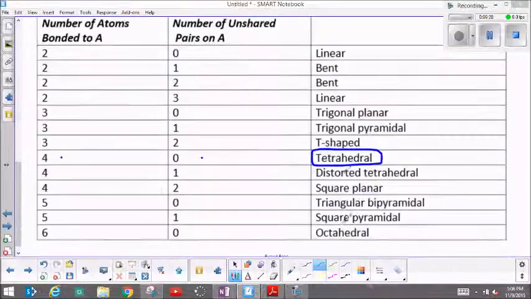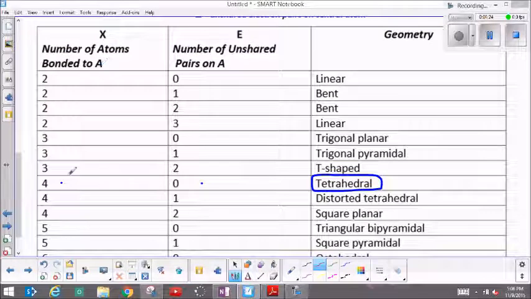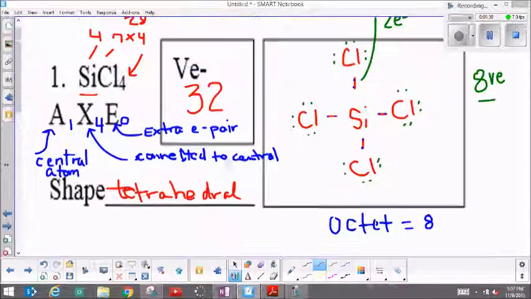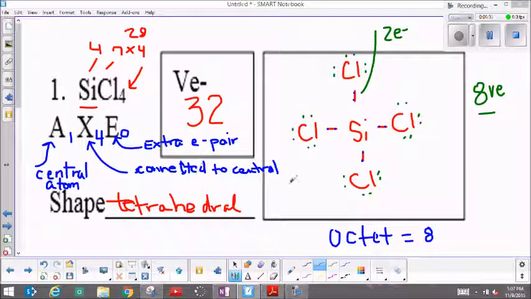And this is where I got that from. An X of 4 and an E of 0 made me tetrahedral. So that is example number 1 on molecular geometry.